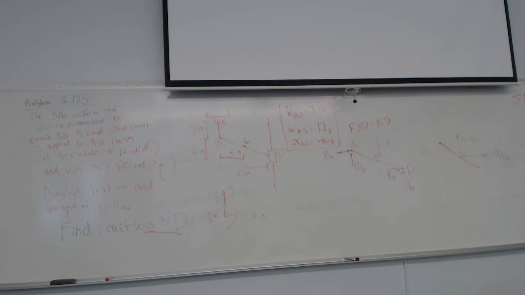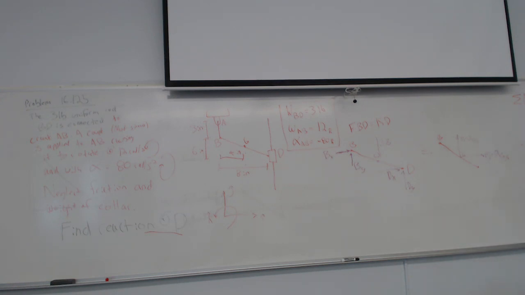And then I have this entire part right here, which I'm running out of space, but this equals I alpha BD plus mass times acceleration of G in the y, and the perpendicular distance from right here to B is 4.